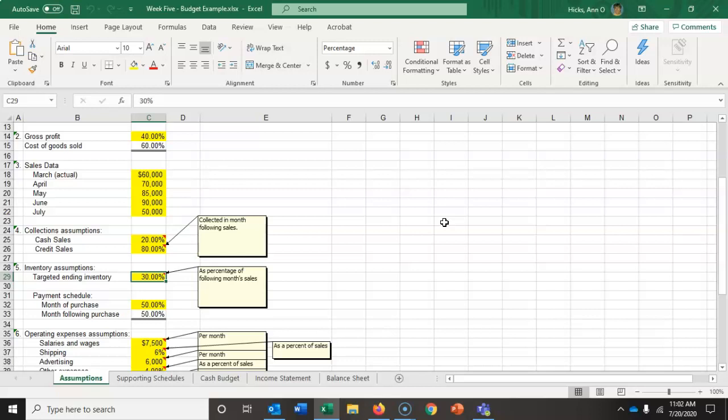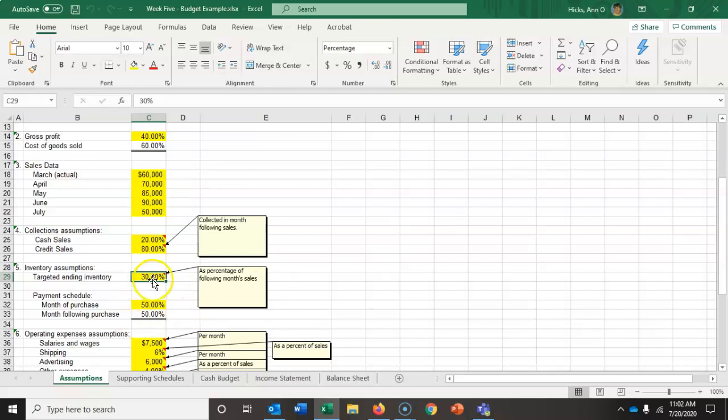Because if I want to do a realistic budget, I want to make sure, A, that I have adequate inventory to meet early month sales for the next month, but not so much inventory that I have a whole lot of cash tied up in inventory that I won't recoup until I sell the product.